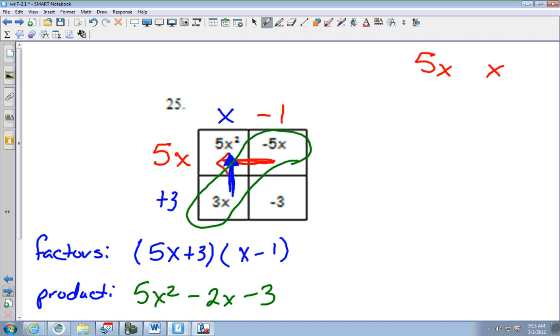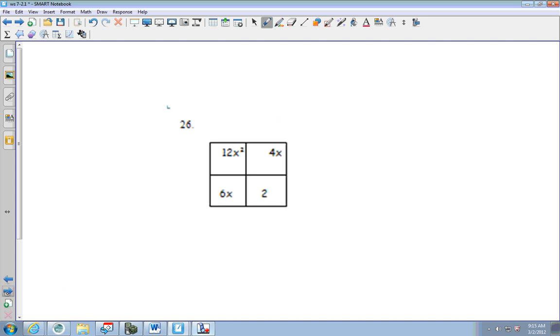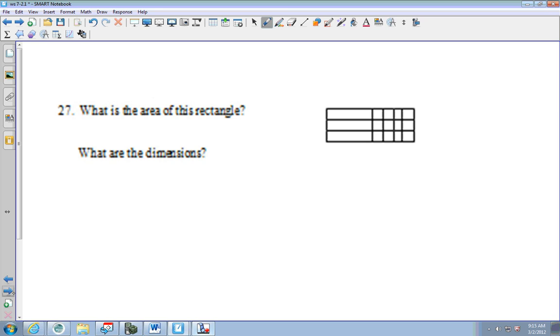Don't put anything up. Let's go to the next one. Not that one. I told you cross that one out. Here we go. Listen. Please, please, please focus here. Area. When they're talking about area, they're asking you for the product. Dimension, they're asking you for the factors. Okay, please write that down. That's very important.